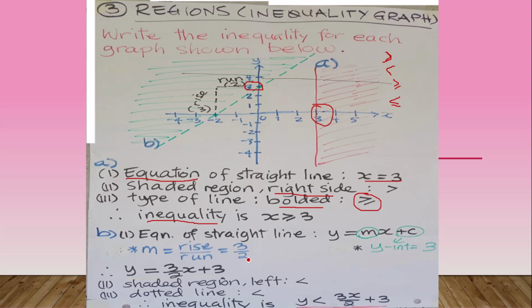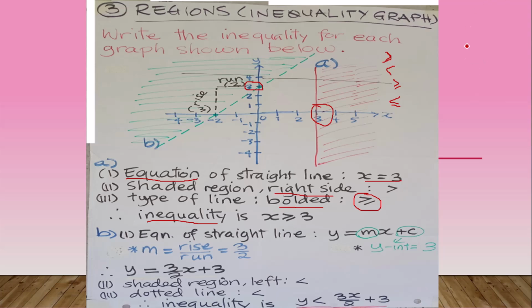So we are running to the right, which is a positive movement. So our gradient is a positive 3 over 2. And we plug them into the standard form. y is 3 over 2 x, and c is a positive 3. That's the equation of the straight line.